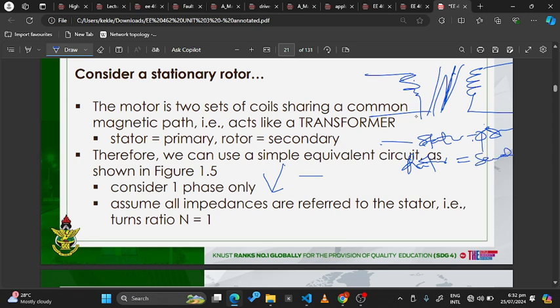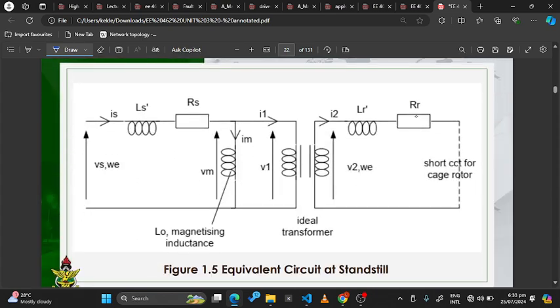So if you are going to do the analysis, you either refer everything to the stator side or you refer everything to the rotor side. In this analysis, we are going to assume a turns ratio of 1. You know how to do the referral, so this is what we are going to have.